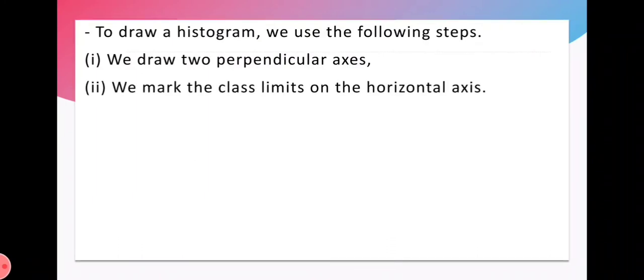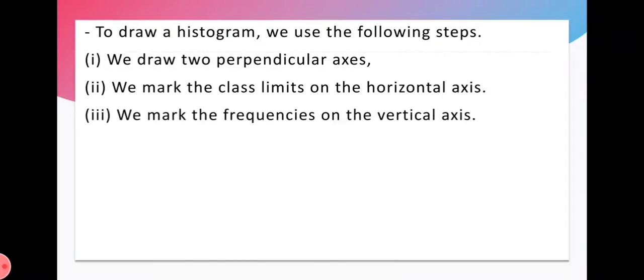We mark the class limits on the horizontal axis, because class limits are in the class intervals only. We mark the respective frequencies on the vertical axis, that is y-axis.